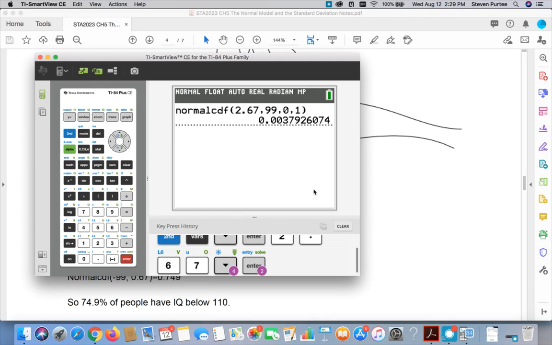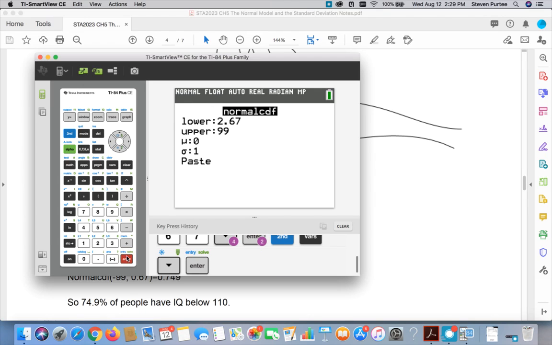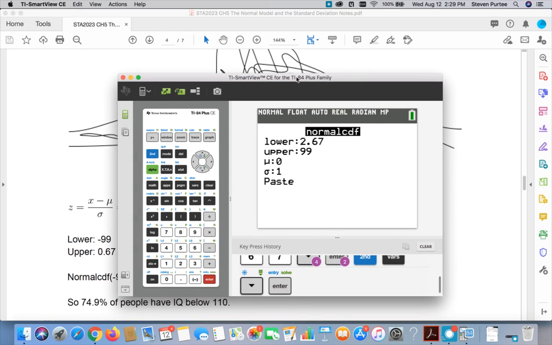So I'll type that in my calculator. Second bars, normal CDF. Smallest to largest. Smallest thing we shaded to biggest. Z-scores, not actual scores. Remember, this is the minus button. If you type that, the calculator is going to get mad at you.